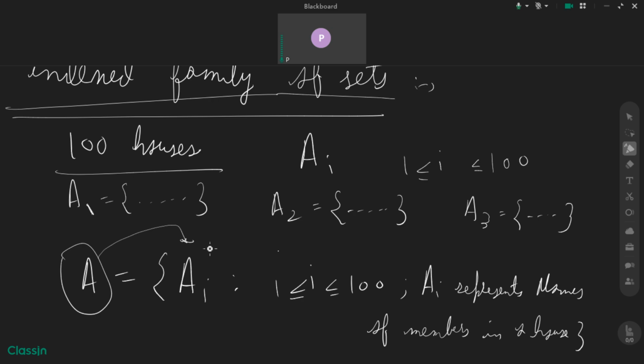So in an indexed family of sets, we have more than one set, and they can be combined in one family that is known as an indexed family of sets. So this was about indexed family of sets. From now we have the subsets, and we'll start the subsets in the second lecture in the next class.